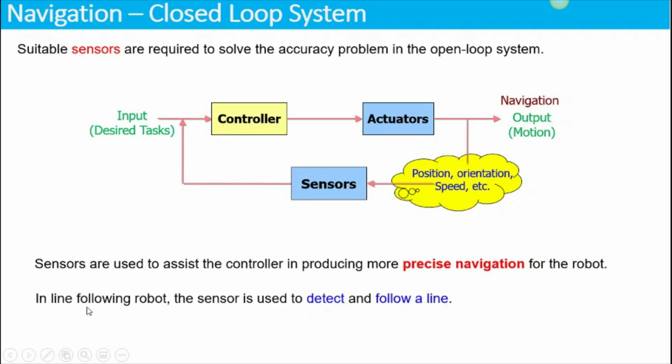And then in a line following robot, the sensor is used to detect and follow a line. Please remember, in your line following robot, the sensors are used to detect and follow a line. So there are two tasks to be done by the sensor. The first one is to detect the line, and the second one, when it has detected the line, is to follow the line.